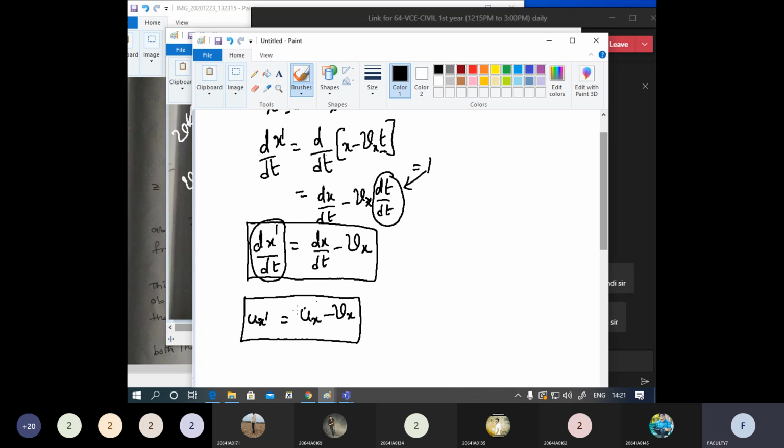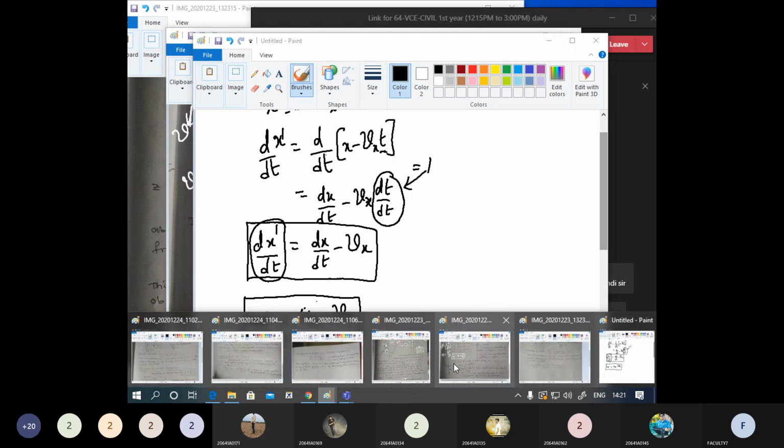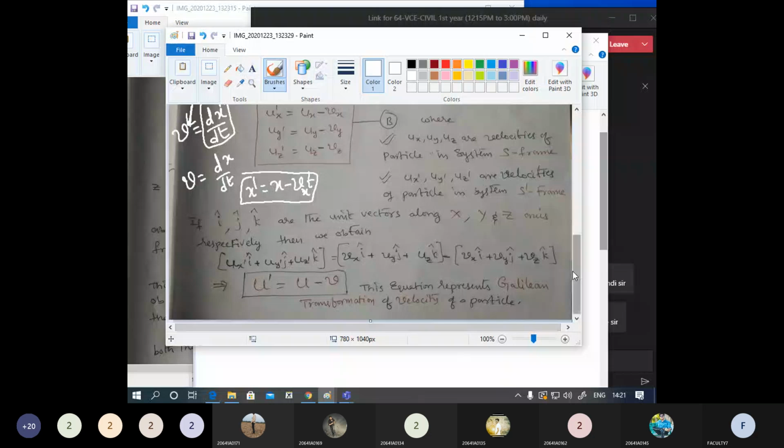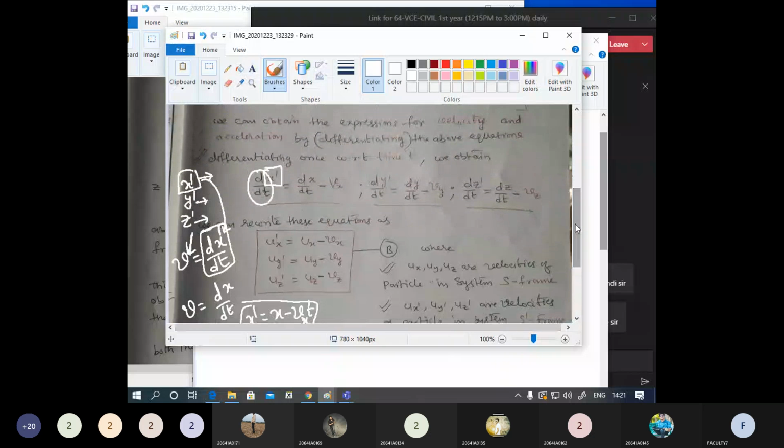Okay, now this was the equation we got. Now that is the thing we wrote here. Okay, here we got dx prime by dt equal to dx by dt minus v.